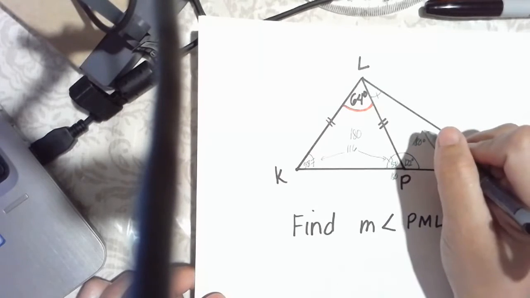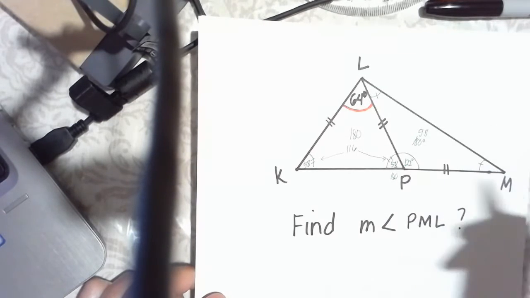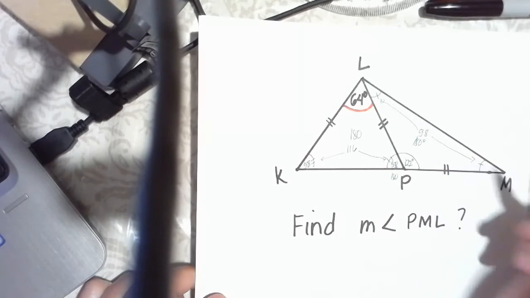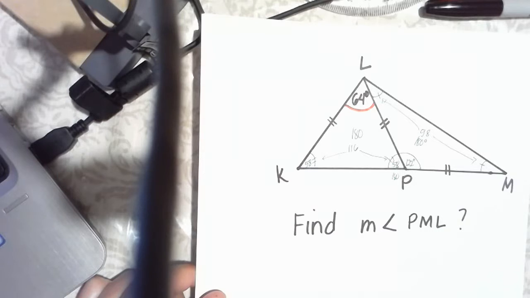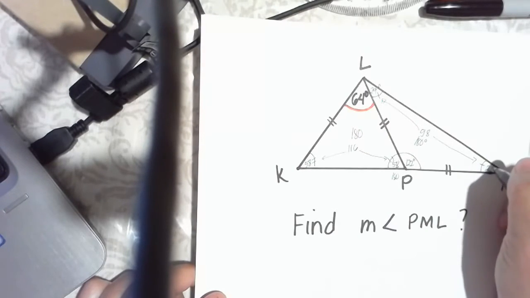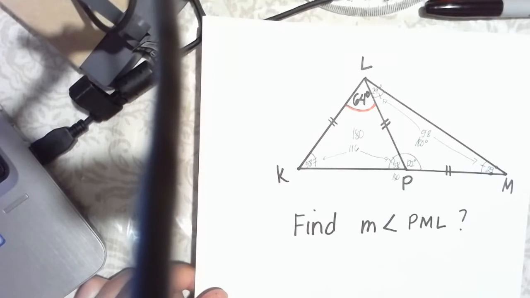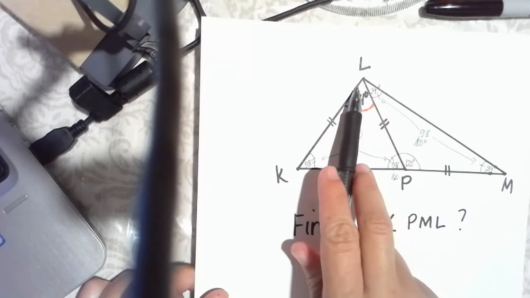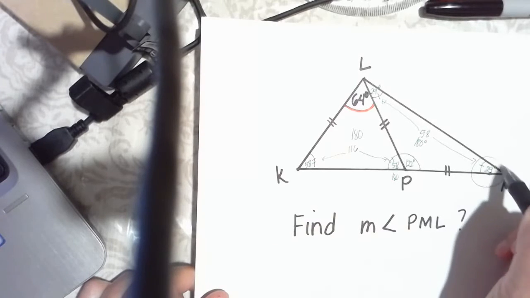That's 58. But since we have two remaining angles, we need to divide that by 2. So each angle is 29 degrees. So that's the measure of PML. That's 29 degrees.